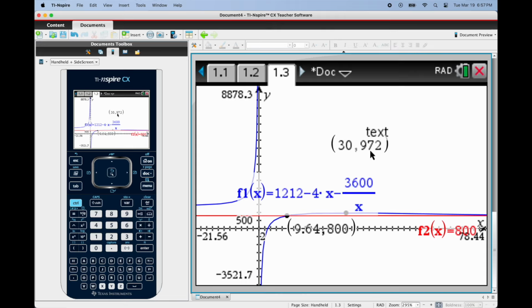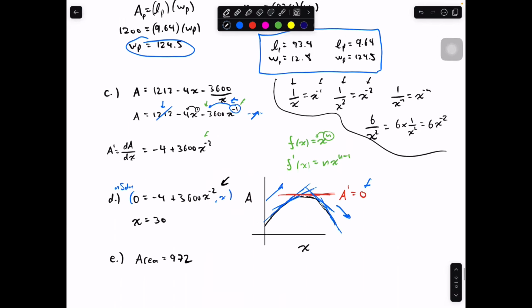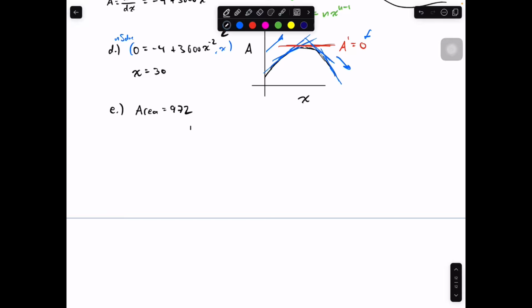We found that maximum, this point right here, where we reached the highest point. When x is equal to 30, we have an area of 972. So let's go back to the document. Area equals 972.